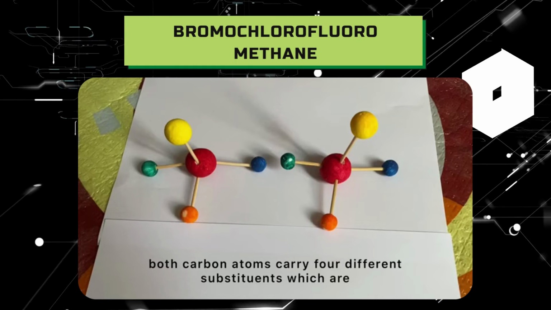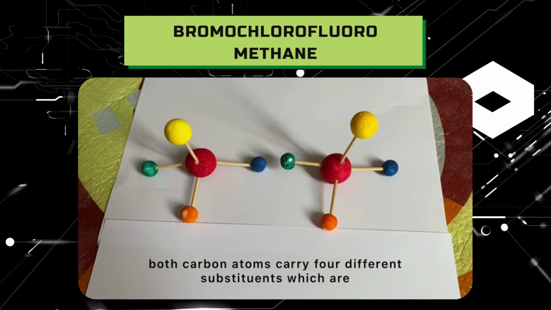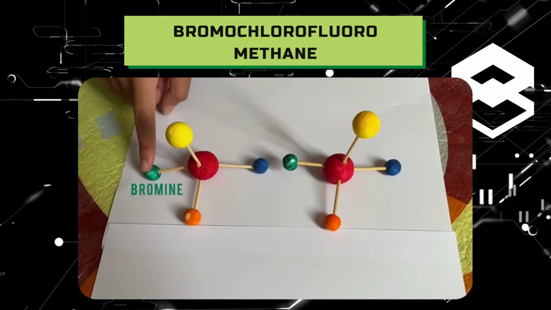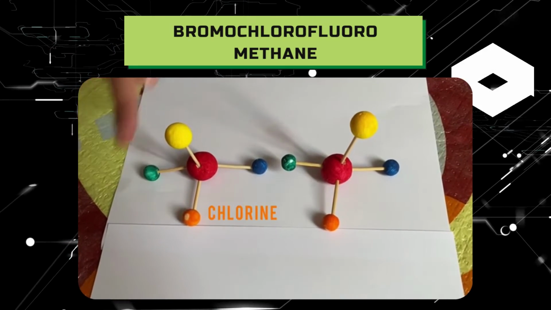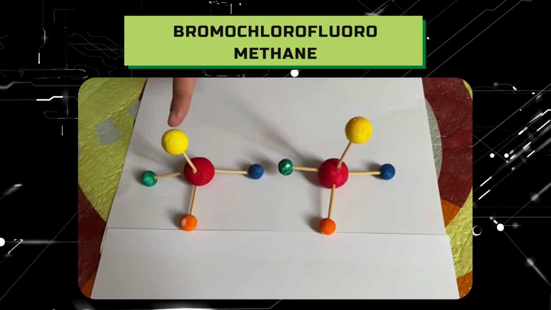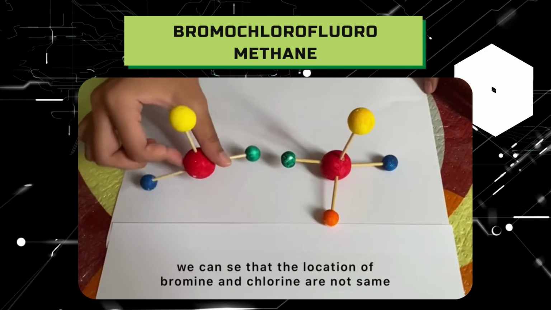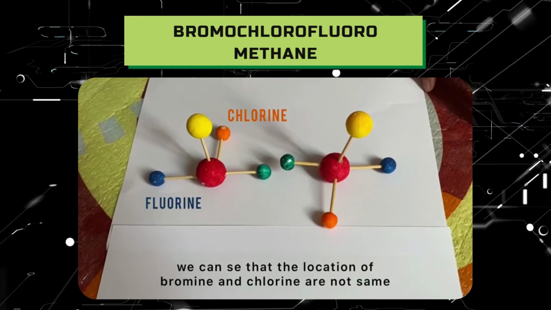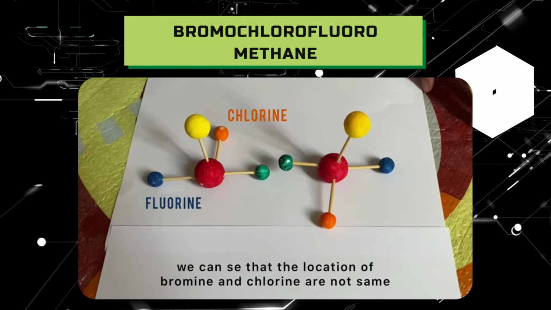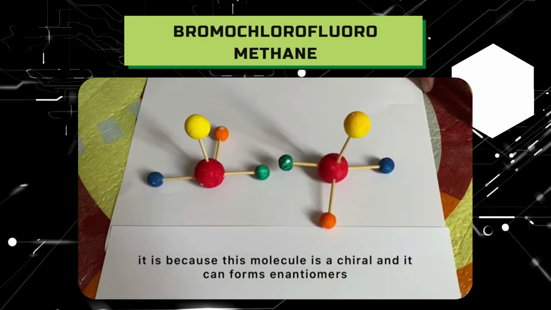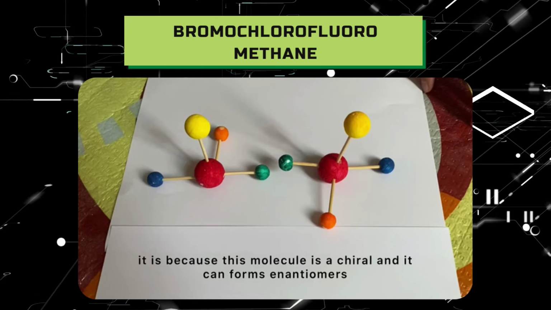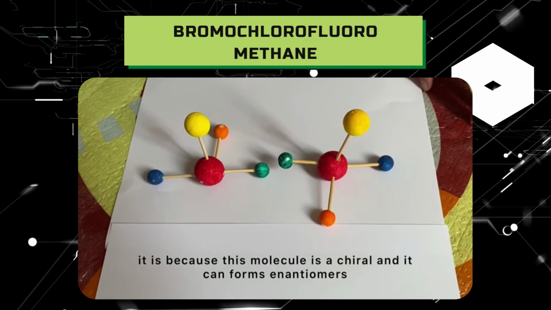The carbon atom carries 4 different substituents, which are bromine, chlorine, fluorine and hydrogen. When the second model is rotated, we can see that the locations of fluorine and chlorine are not the same. It is because this molecule is chiral and it can form enantiomers.